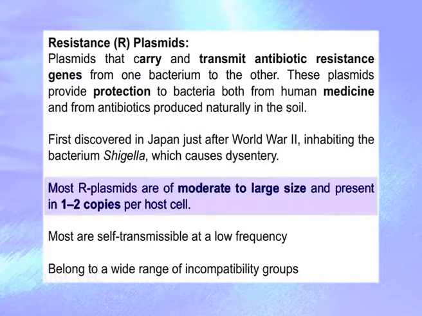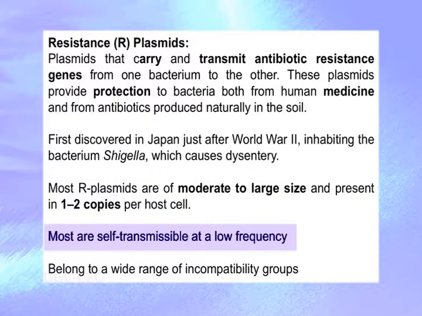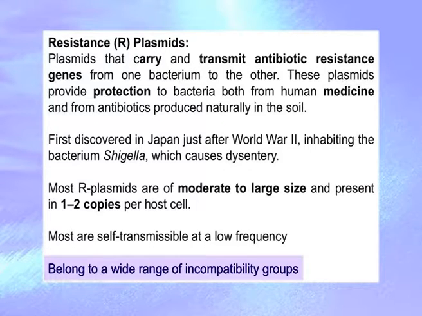In most cases, they have a moderate size and are present in 1 to 2 copies per host cell. Most of them are self-transmissible and transmit with a low frequency, and they belong to a wide range of incompatibility groups.